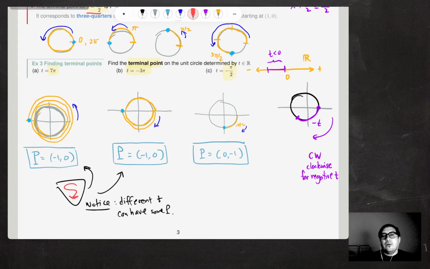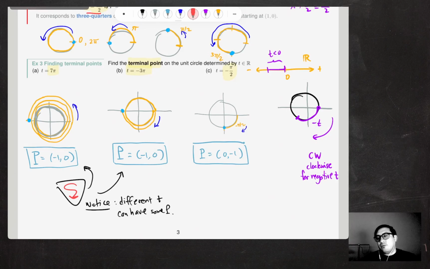Now, what is the notice here? It just says that different t values can have the same terminal point P, right? t is 7 pi means I just wrap around this, well, let's see, I don't wrap around it 7 times. I just basically do 7 half turns. So that's going to be 3 full wraparounds, and then I'll end up at (-1, 0).